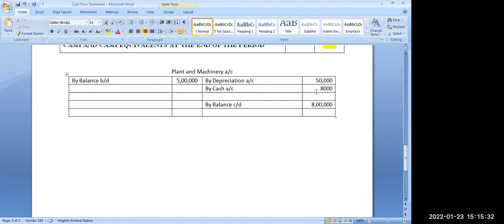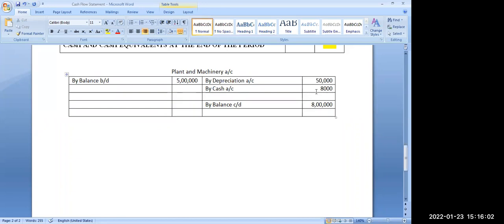So what is the book value of the machine sold? The original value of the machine sold is 12,000 cost price. But the cost price is not the book value today. Over a period of time we have used the machine, so we have charged depreciation also, and the value will decrease. It was decreased by 7,000.